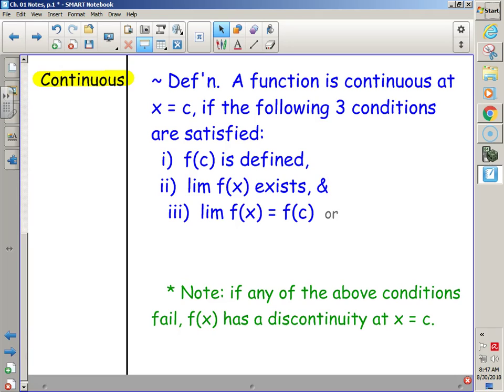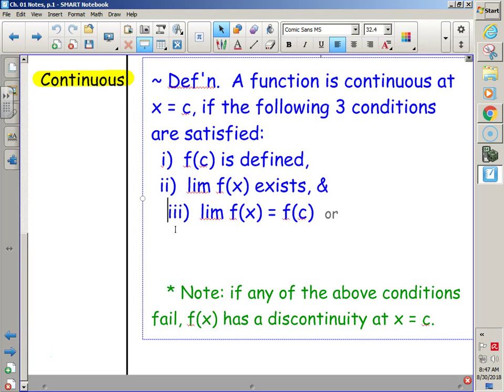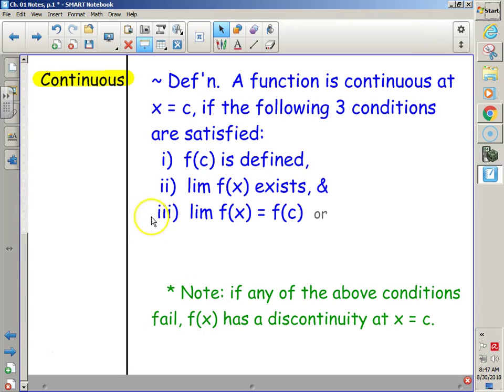Number 2, the limit. Wait a minute, that's not proper limit notation, is it? No. What am I missing on number 2 and 3? Yeah. To keep it in my nice little font, I didn't want to make an equation and make it look nasty. So I need you to add this: the limit as x approaches c.